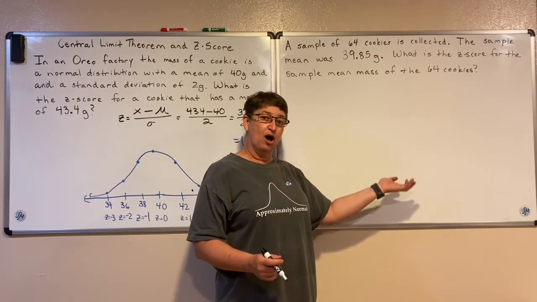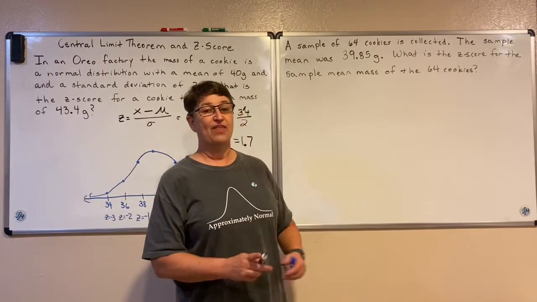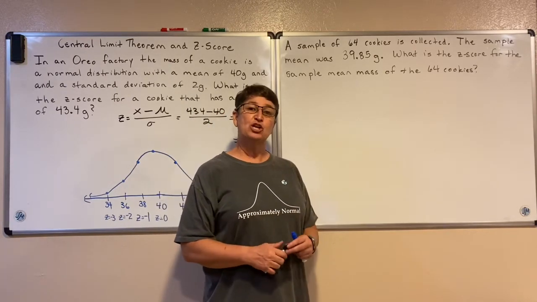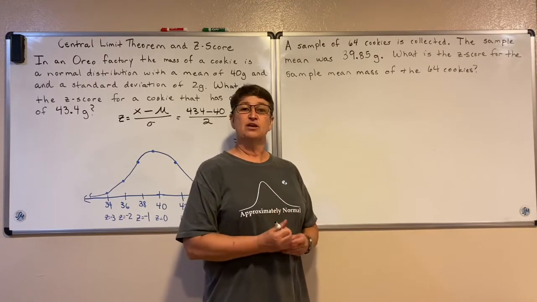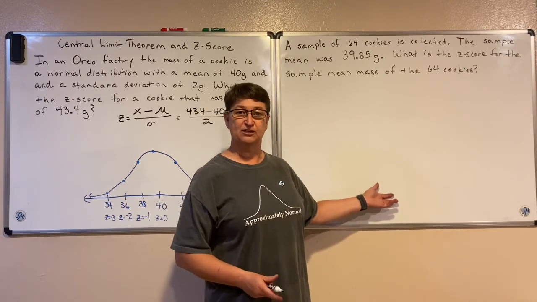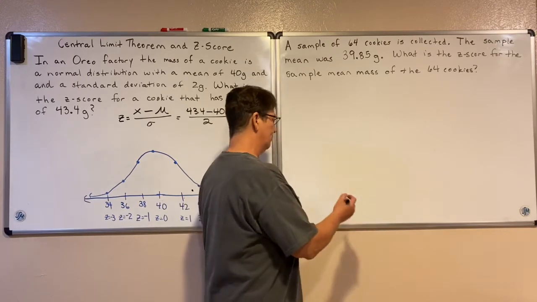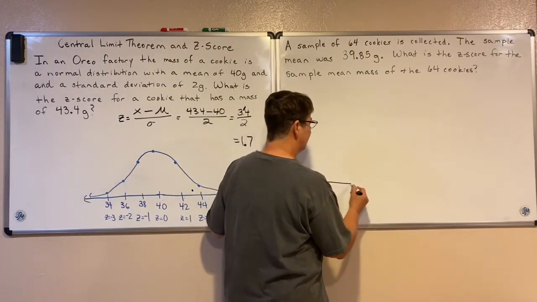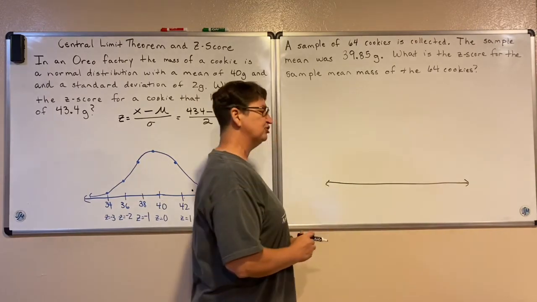This mean belongs to a different distribution. Let's draw that distribution. Now we know from the central limit theorem that this distribution of sample means, called a sampling distribution, is also approximately normal. The central limit theorem tells us that it is going to be an approximately normal distribution.